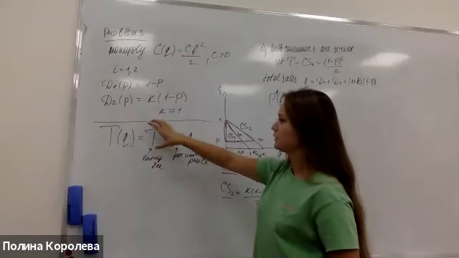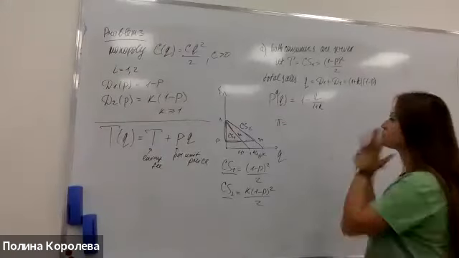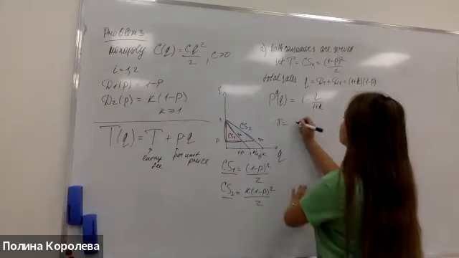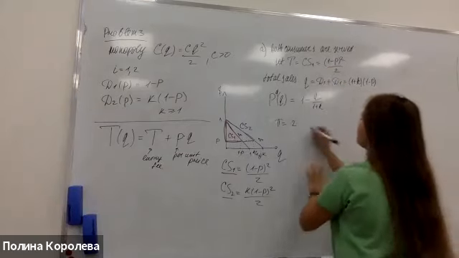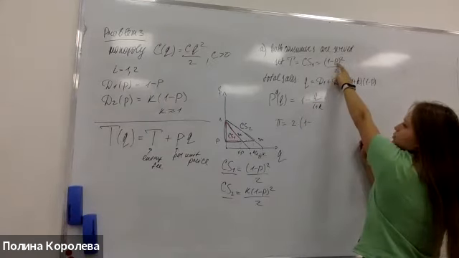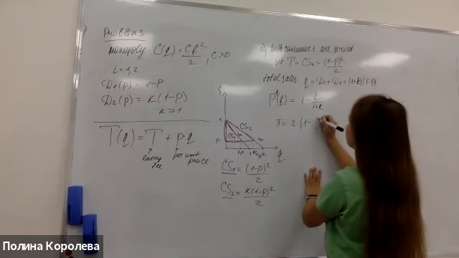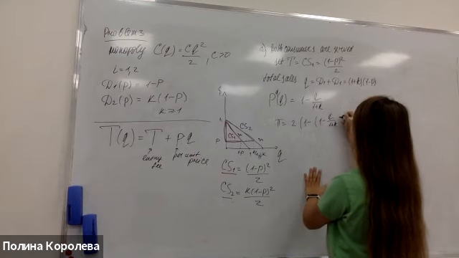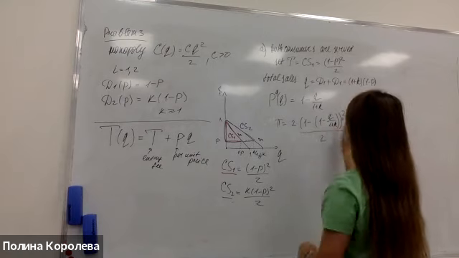Let's write down the entry fee, 2 entry fees, because both consumers will enter our market. 2 multiplied by this one: 1 minus, but instead of price, we write down the inverse demand function, 1 minus Q divided by (1 plus k), squared, divided by 2.